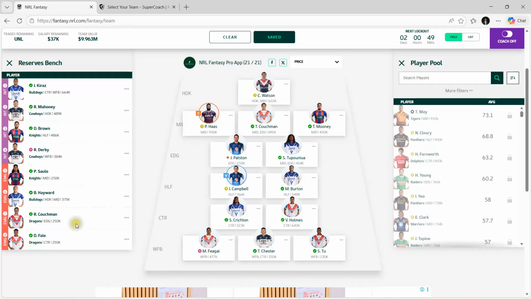Now you can have as many as 4 replacements during a round. Okay. If Mooney got knocked out, Tupanua got knocked out, Chester got knocked out, and somehow or other you forgot that Crichton was on a bye, and you actually have cover for all those 4 positions, apart from having your 4 scoring reserves as well, then your whole entire 8-man bench would end up scoring for you.